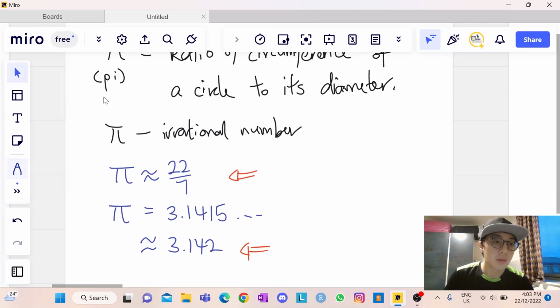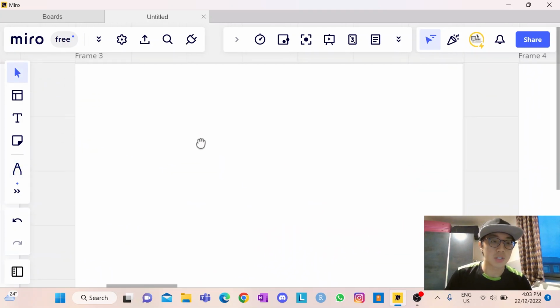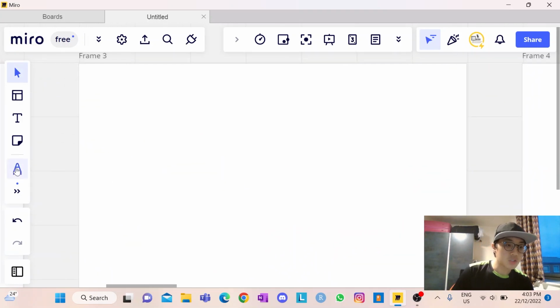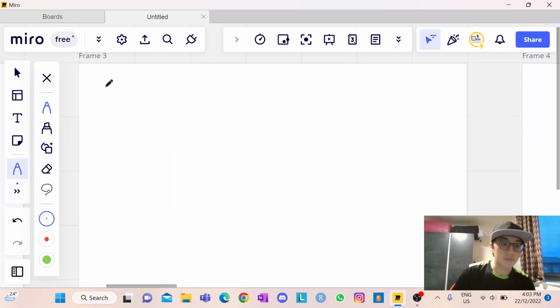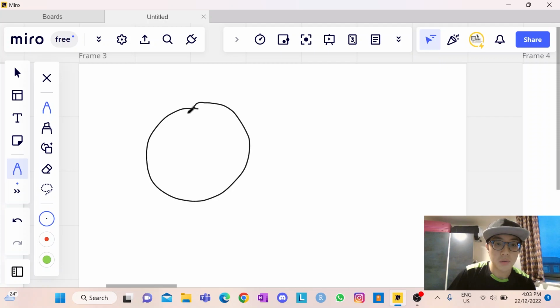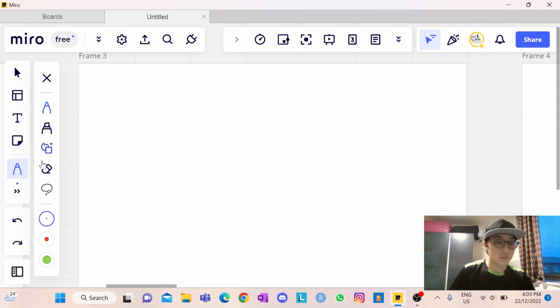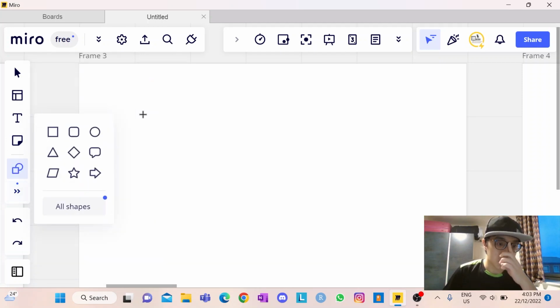So first, we're going to be looking at the circumference of a circle. Number one, you have a circle right here. Oh dear, this is just ugly. I remember there's a shape thing right here, this one.